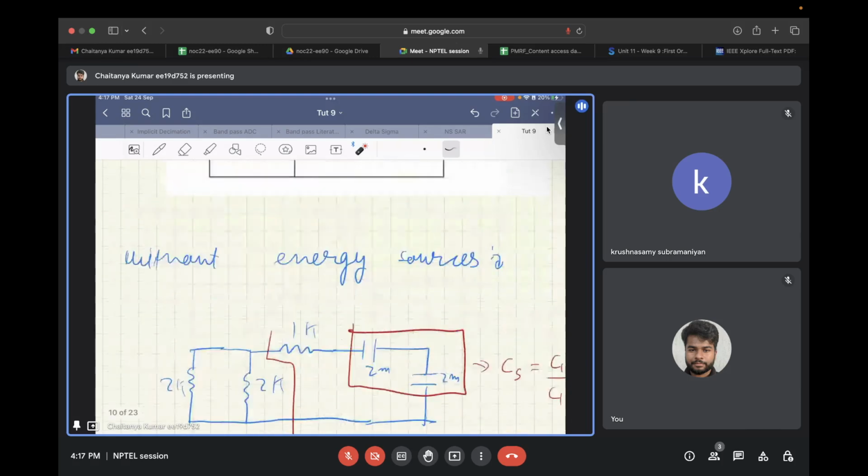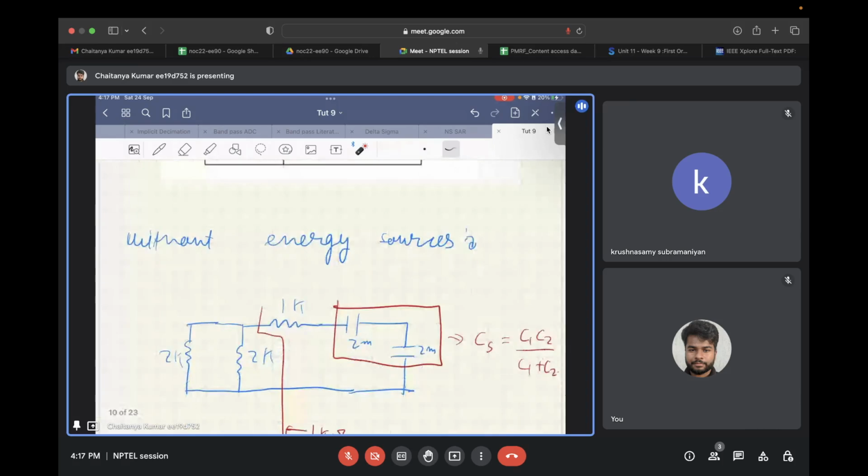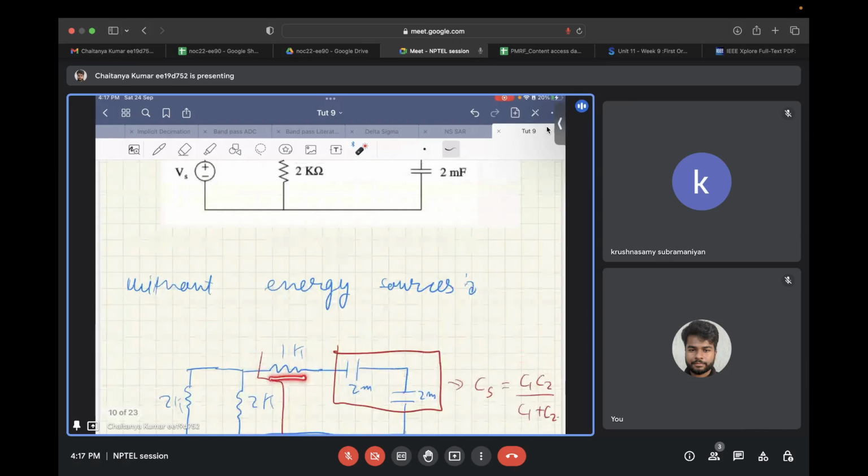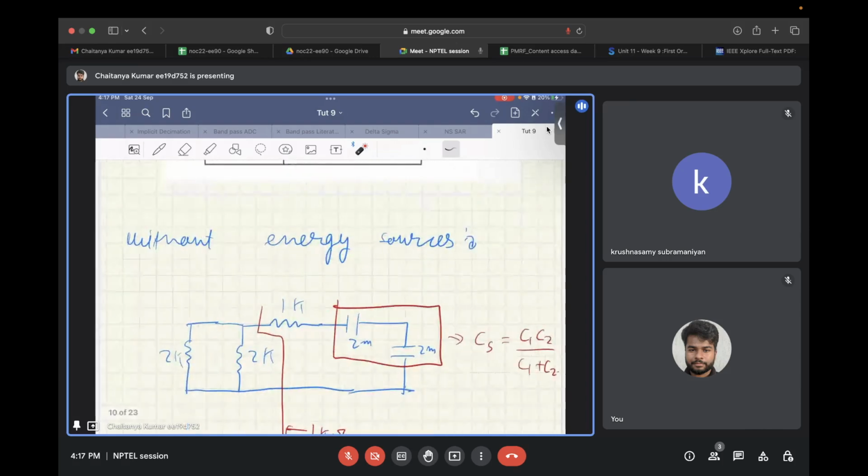So from there you get this skeleton, that is, the two 2 kilo ohm resistors are in parallel, and that is in series with the 1 kilo ohm resistor, and the two capacitors are in series at this point.